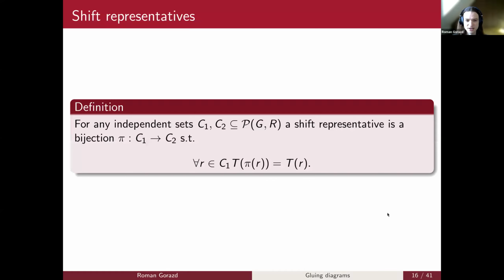So we define shifts, and you can define shifts in a lot of ways. You can talk about shift groupoids and Leavitt path algebras, but I will keep it simple and define shifts as just functions. Well, shift representatives are functions from two independent sets that are terminus maintaining again. So the terminus is the same.